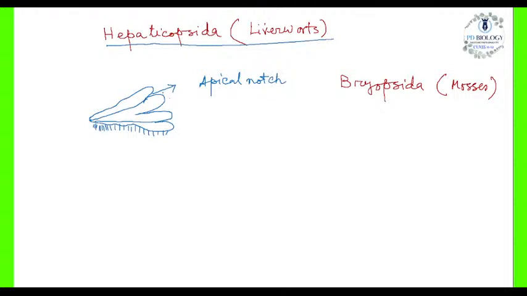On the apical notch, the gemma cup is there, very important. That is the midrib.